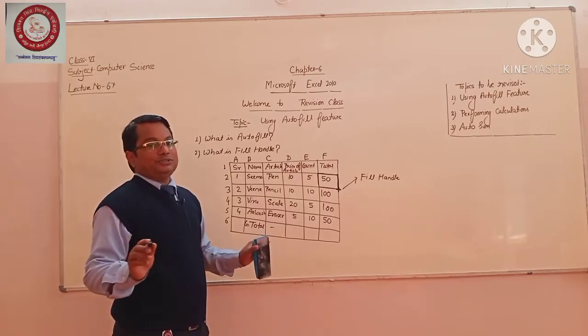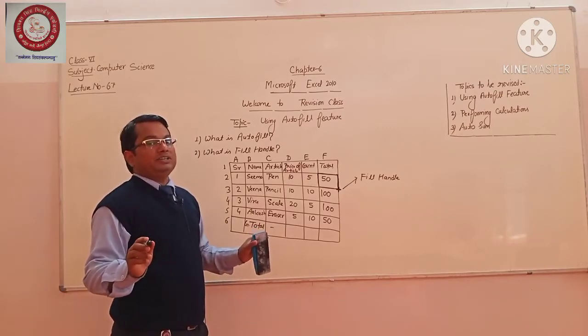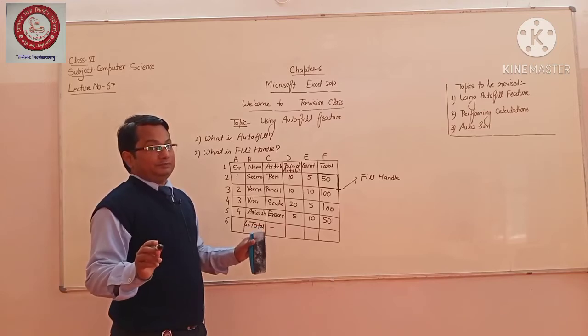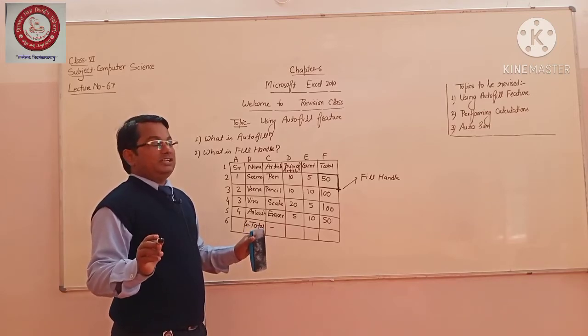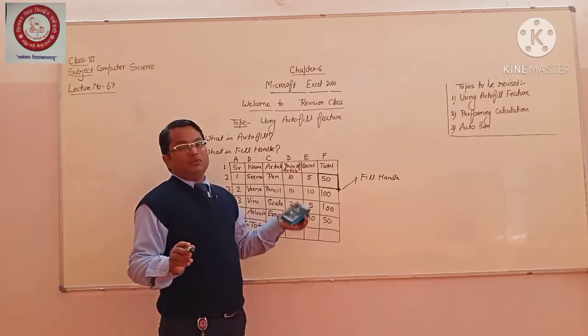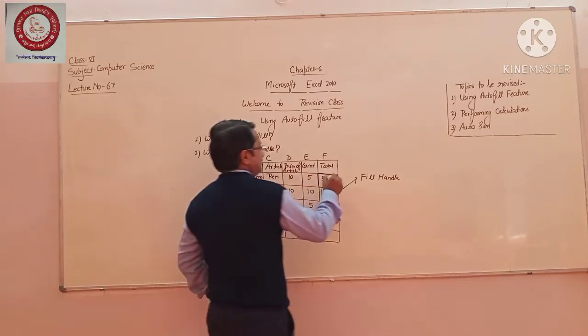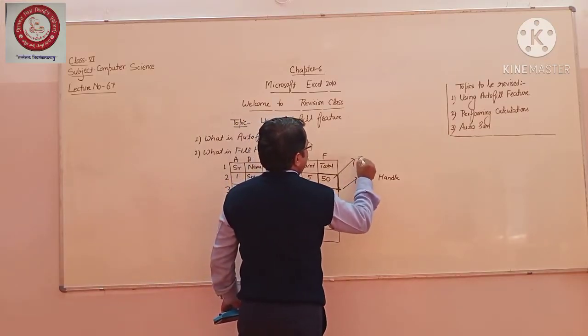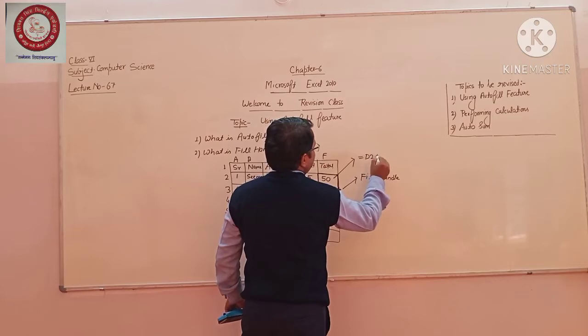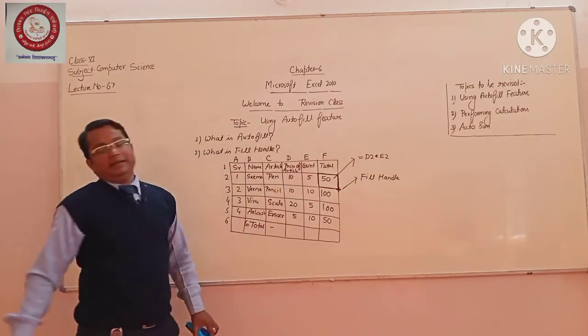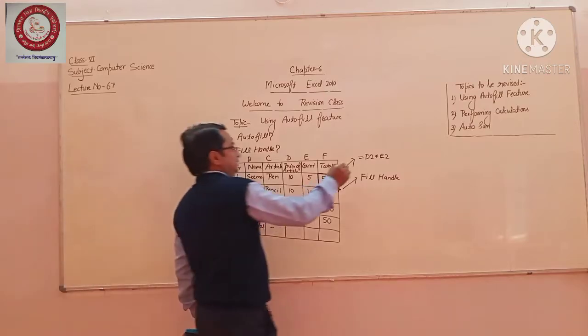Students, add it up. I hope you are able to understand what I am trying to explain. Let me repeat one more time. In this cell, I have written equal to D2 into E2, and after that I pressed the enter button.